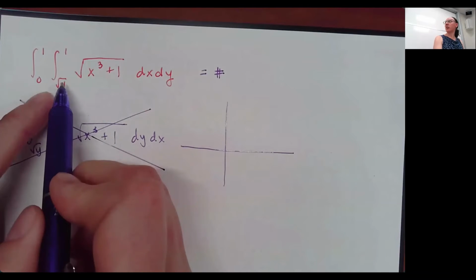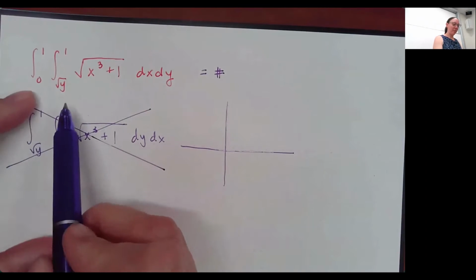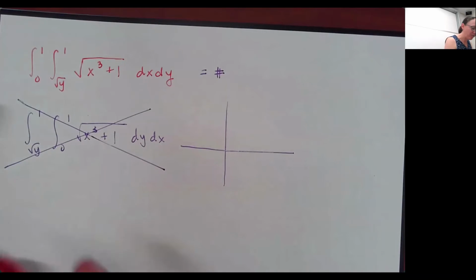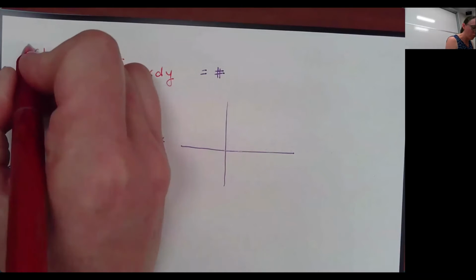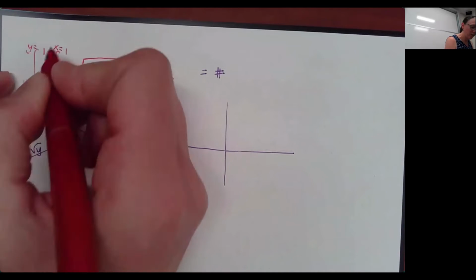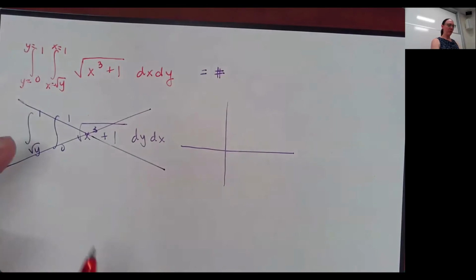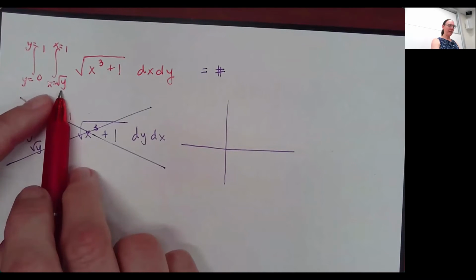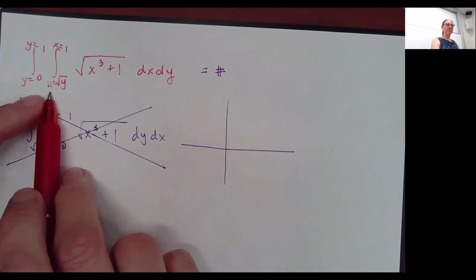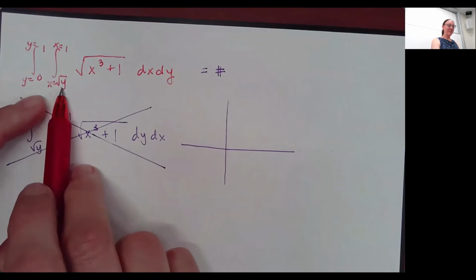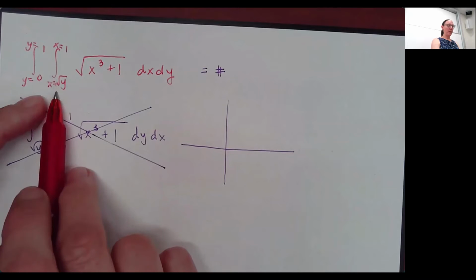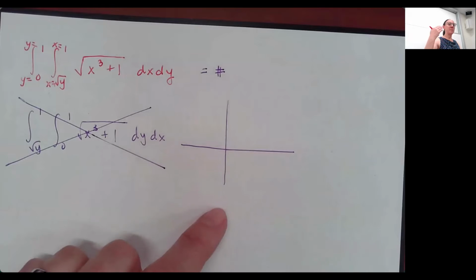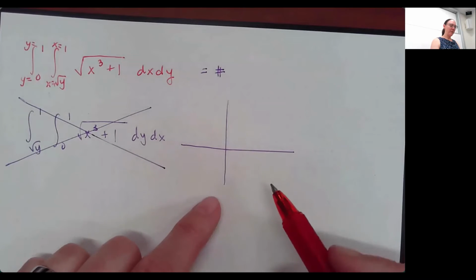And my picture has to start by drawing all 4 of these bounds and reminding myself this was y equals 0, y equals 1, x equals 1, and x equals the square root of y. So if x equals the square root of y, that means y was equal to x squared. But this only takes into account positive y values, or rather it only would spit out positive y values.